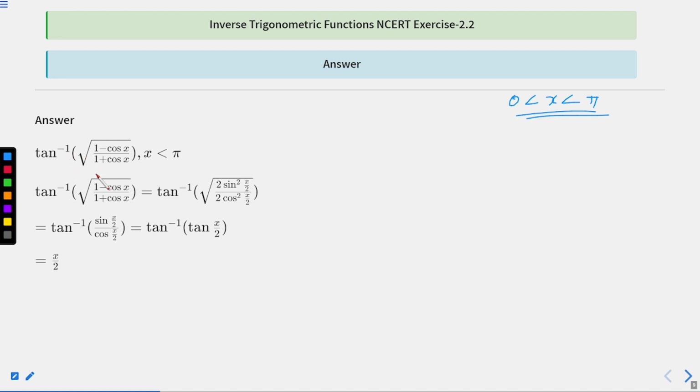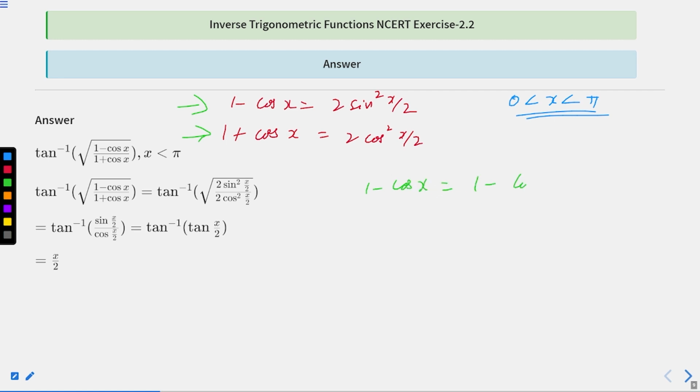Quite easy. First of all, 1 minus cos x is 2 sin square x by 2, and 1 plus cos x is 2 cos square x by 2. This is what we have. If you wonder where we got this from, let me show you. 1 minus cos x is 1 minus cos 2 times x by 2.